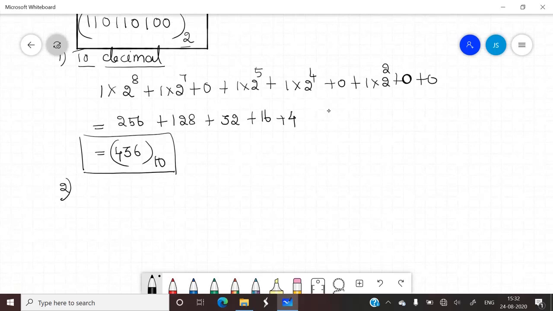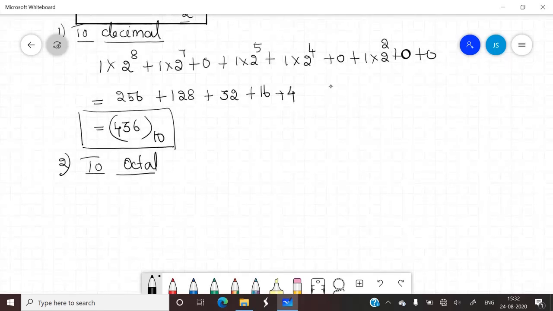Now let's move on to the next form. To convert to octal, the procedure is to write the binary number 110 110 100.